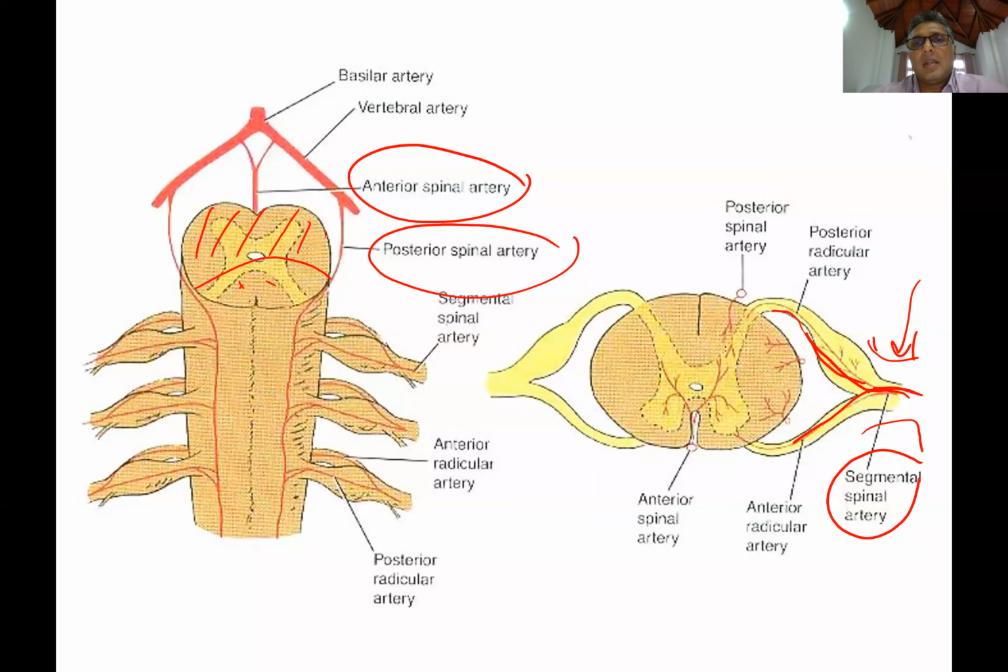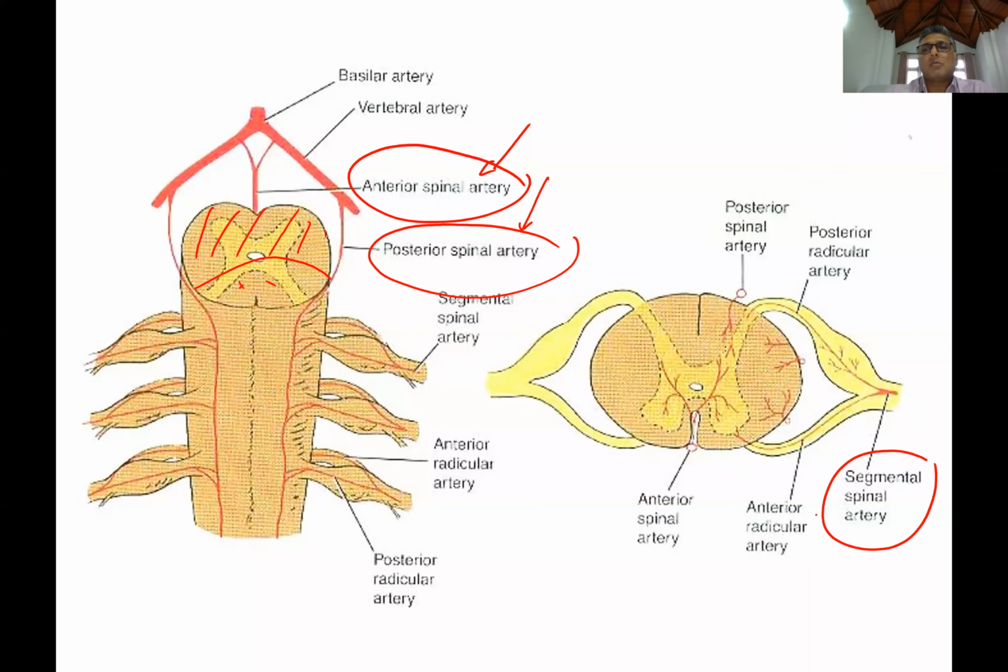In the upper thoracic and below, the anterior and posterior spinal arteries become smaller and smaller, and they are not sufficient to supply the whole spinal cord. Therefore, the segmental spinal arteries become more and more important for the supply of the lower part of the spinal cord.